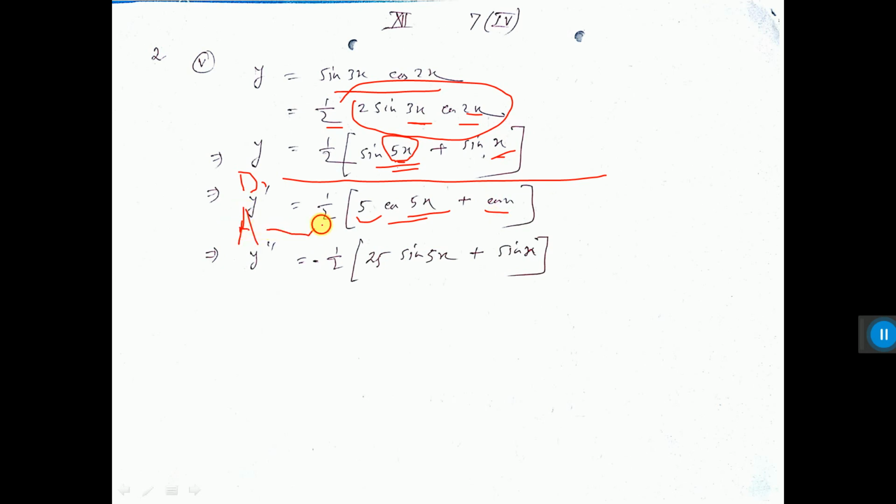So if you differentiate again, it will be y double dash, that means second differentiation, half into cos 5x differentiation minus sin 5x into 5. So 5 into 5 is 25, and that minus I have taken common. Here also cos x differentiation is minus sin x, but minus I have taken common here, so here plus. So this is the answer.